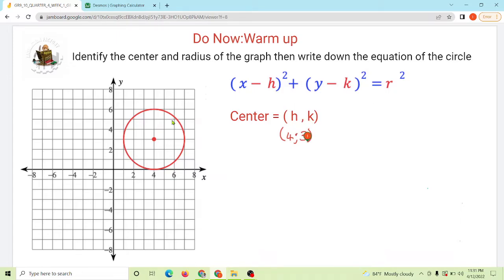So we've identified our h and our k, our center, right? It's 4 and 3. Now the next step would be just to substitute it into our little formula or the standard form of the circle equation. So let's go ahead and do that.